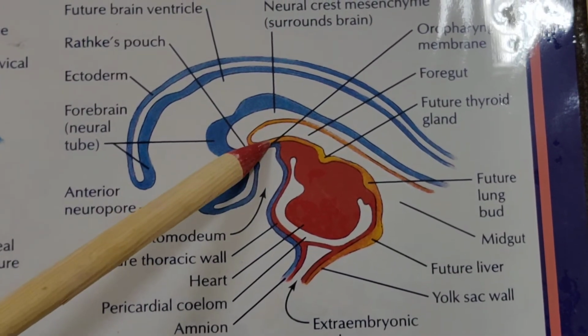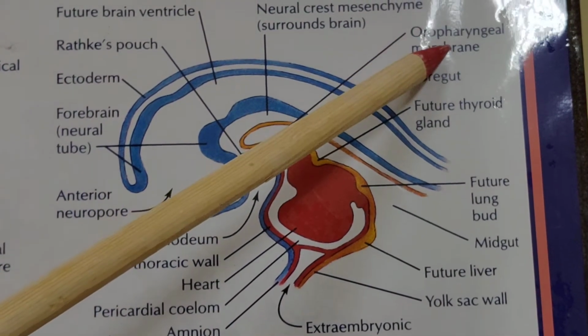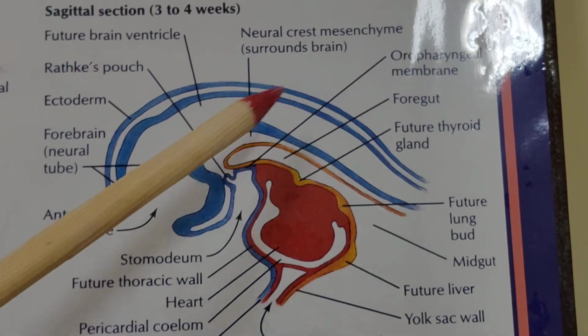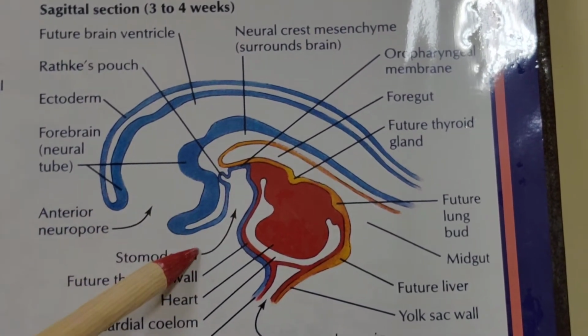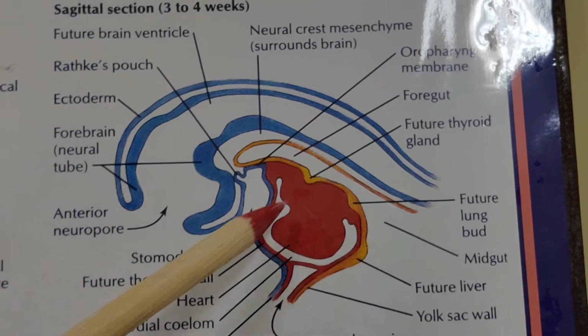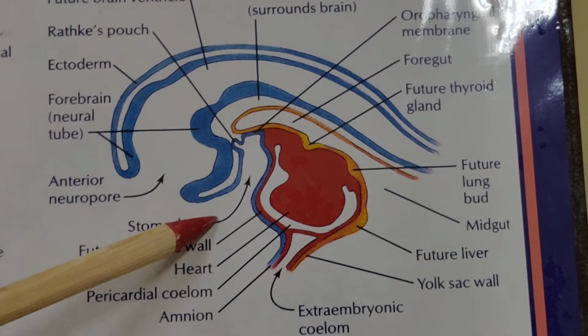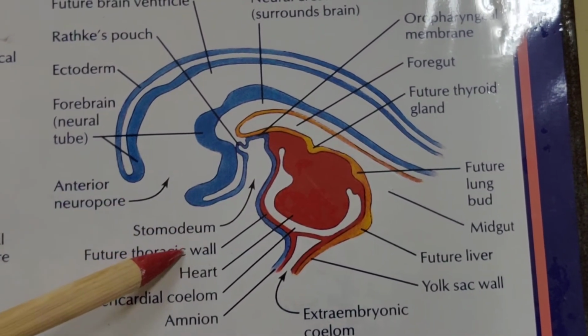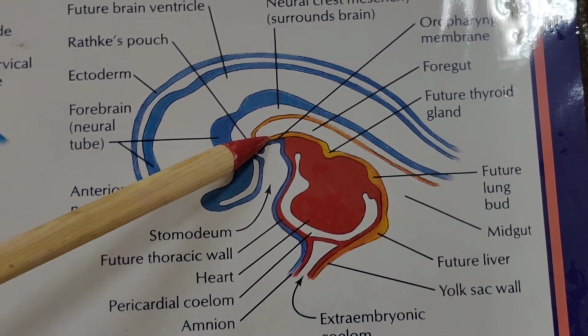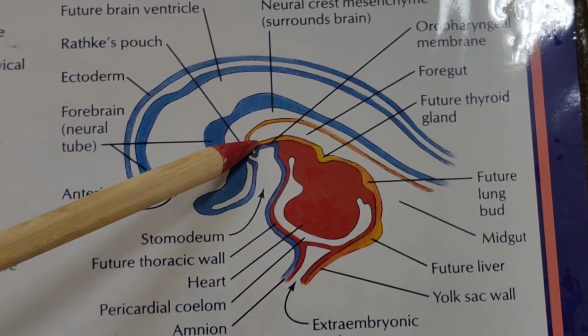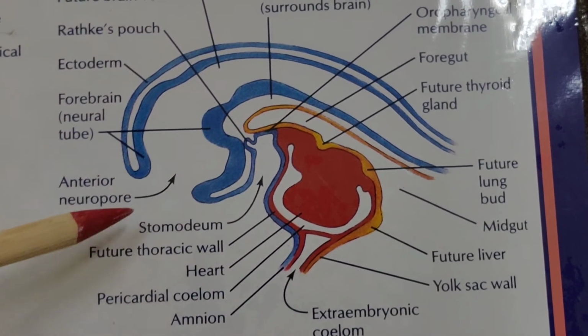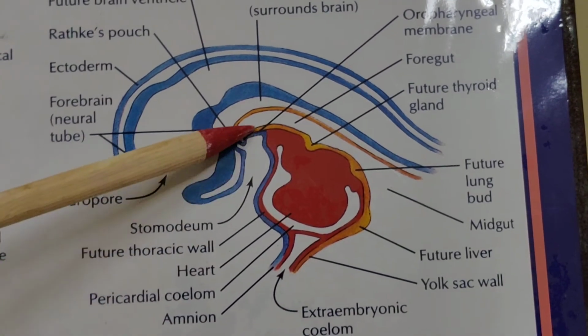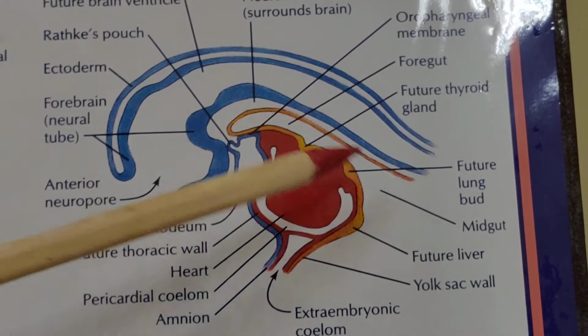It is the membrane known as the oropharyngeal or buccopharyngeal membrane that separates this gut from the stomodeum, and this membrane ruptures during the 4th week of intrauterine life, and the amniotic fluid begins to enter into the gut.